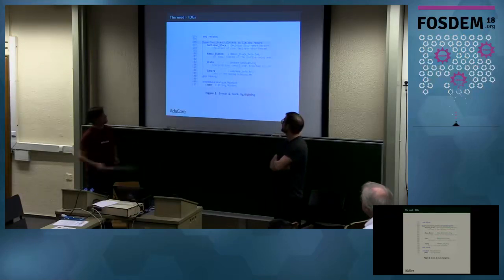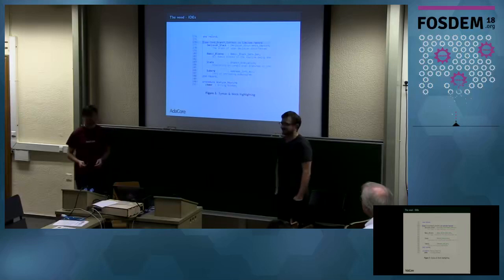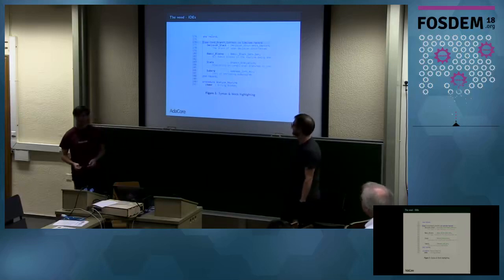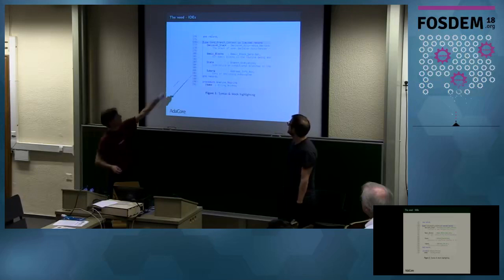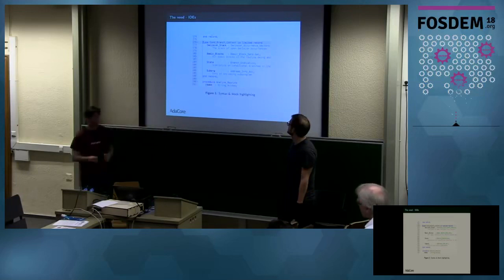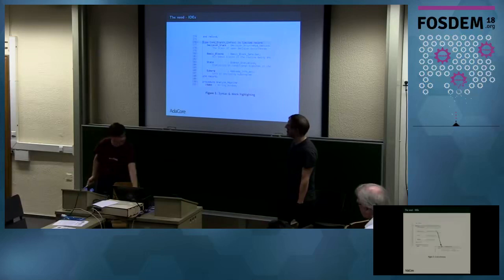This is a screenshot from GPS, the worldwide known editor for Ada. GPS needs to know where the block starts and ends. Here you can see that it knows it's in a type declaration that starts here and ends here. You have to do some parsing to understand that, so Libadalang will provide that.